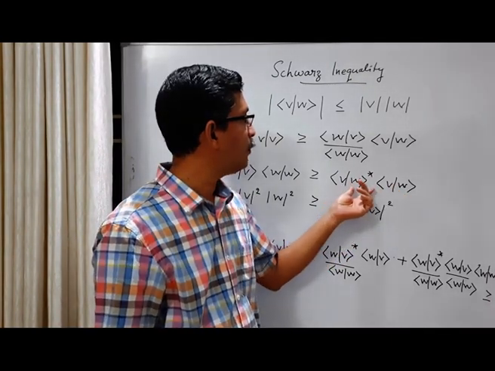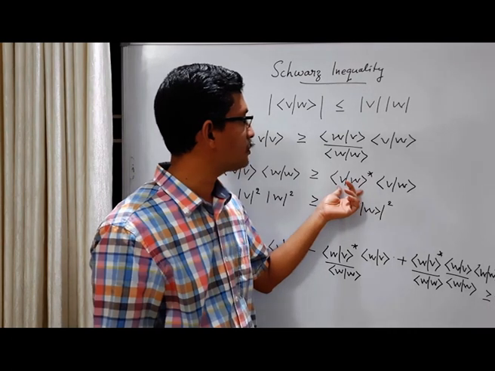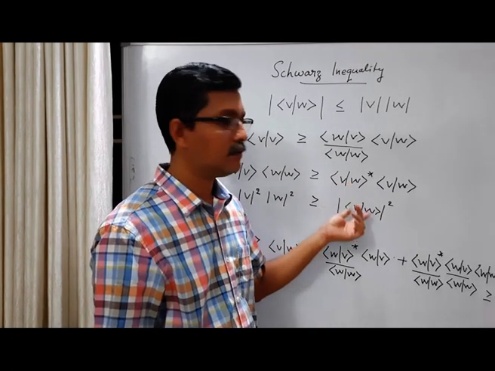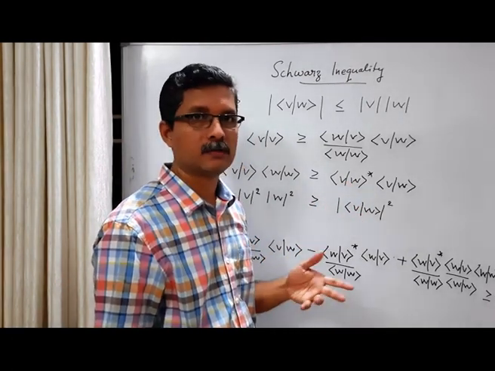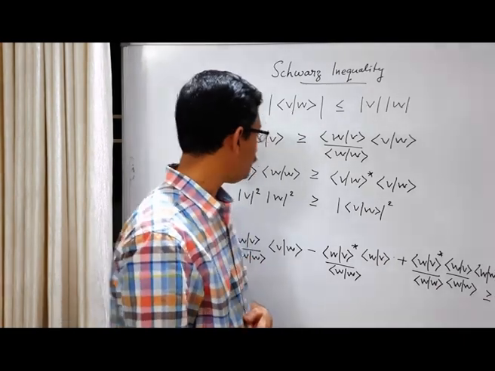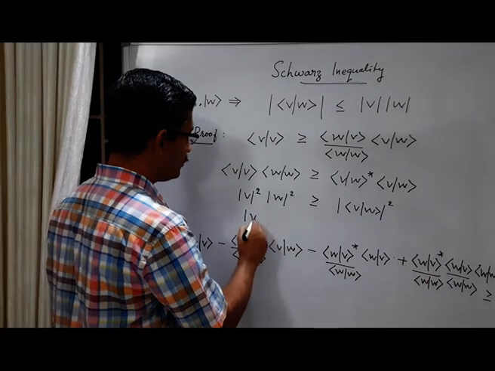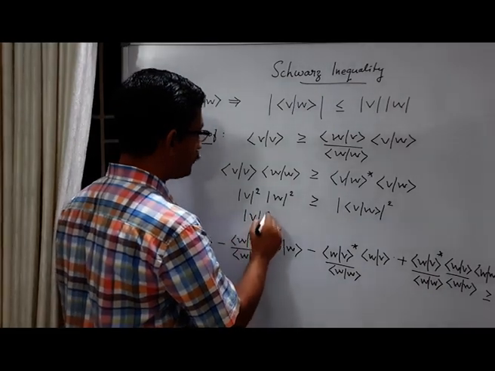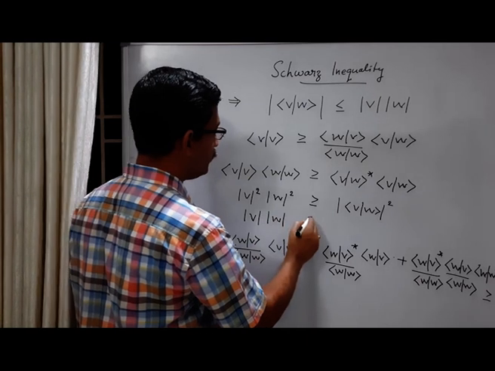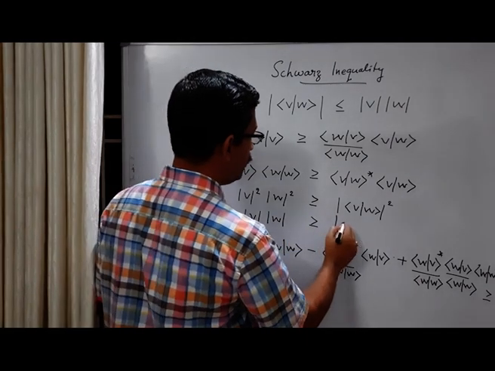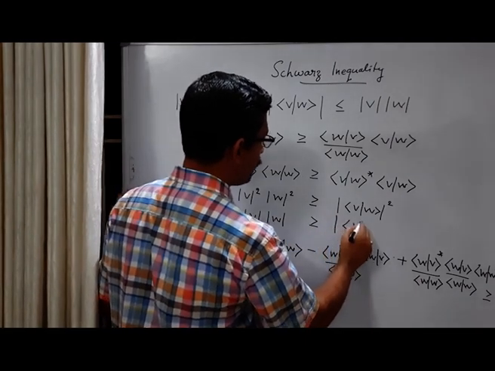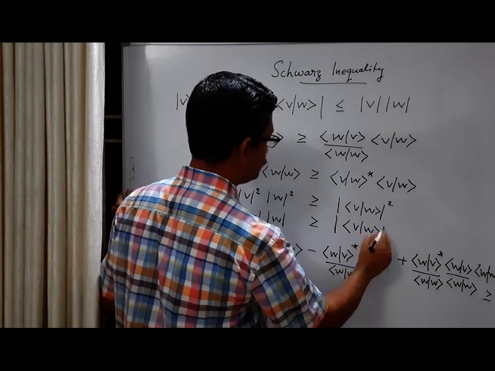So when you multiply a complex scalar with its complex conjugate, we get the square of the norm of that complex scalar. When you take the square root on both sides, the norm of vector V into the norm of vector W is greater than or equal to the modulus of the inner product between V and W.